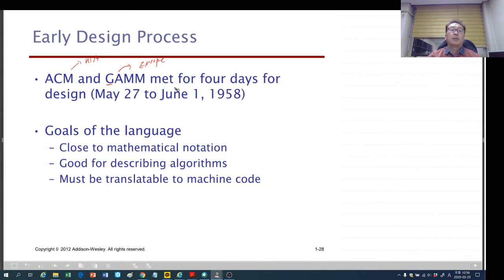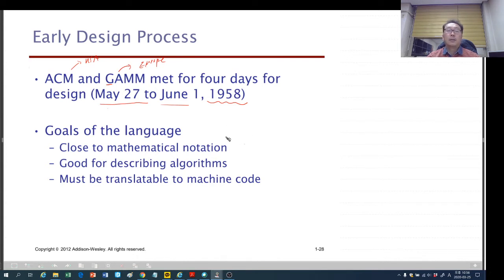So there are two main computing associations, and they tried to meet together. Their first meeting was May 27 to June in 1958. They met together, discussed, and defined a new program language, with three main goals.